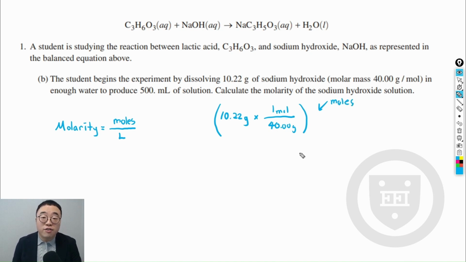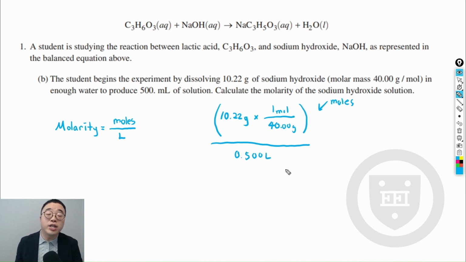Now we have to calculate the volume. Well, remember, the volume has to be in liters, as shown here. So 500 milliliters is equal to 0.500 liters.